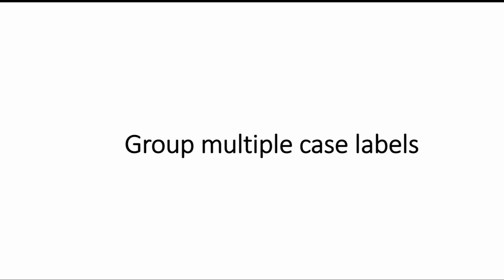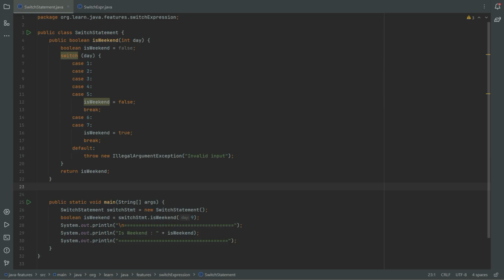In the switch expressions, we can group multiple case labels. Using an example, we will understand why we need to group the case labels in the switch expressions. In the switch statement class, I have created one method which is weekend.